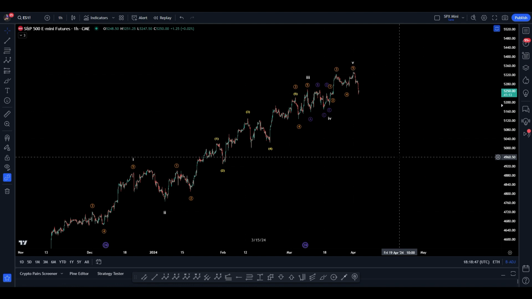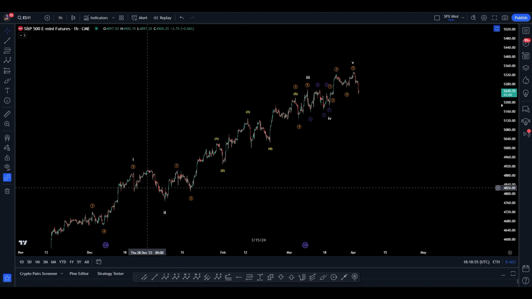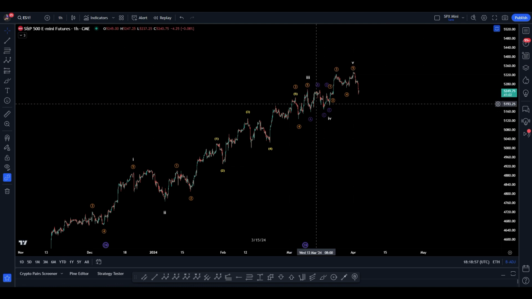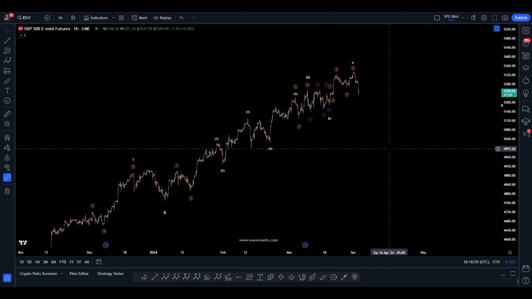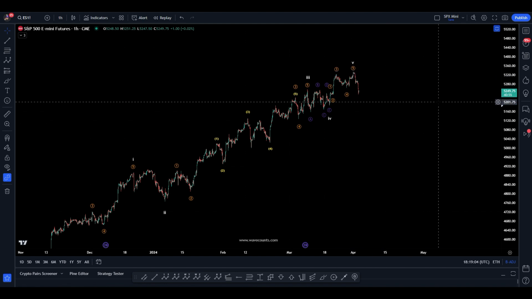And that's what we have here. We have a second wave that created a new high in the B wave, a corrective new high, and then we just have a simple contracting triangle, followed by a 5-wave impulse to complete the entire pattern.